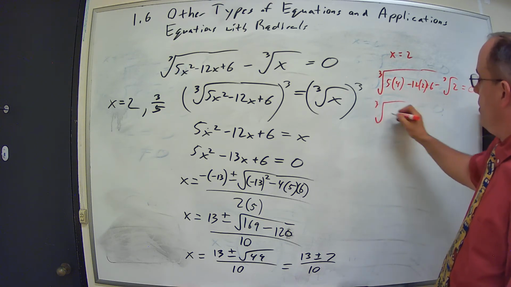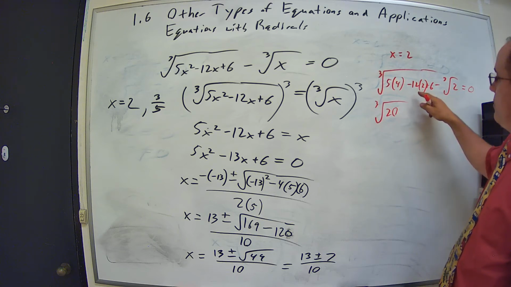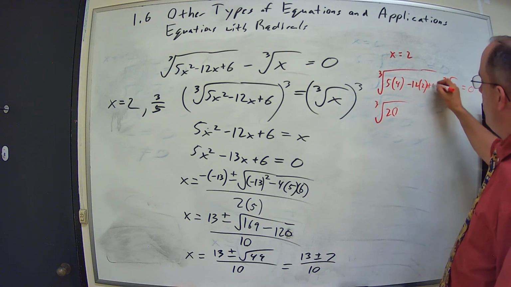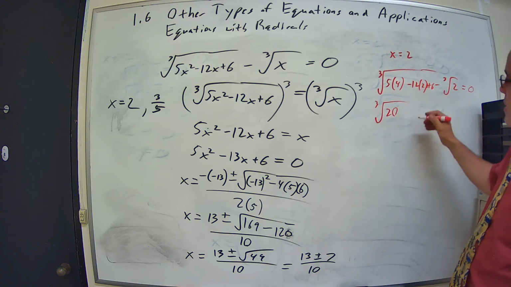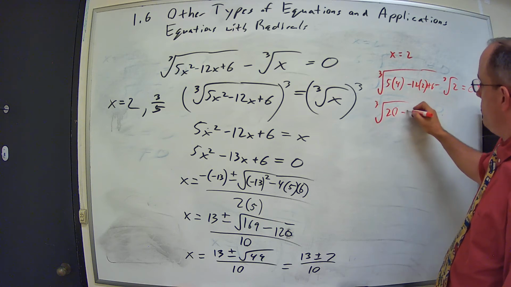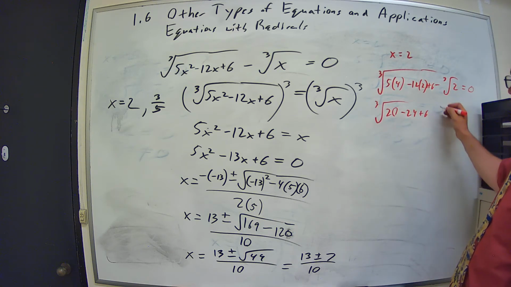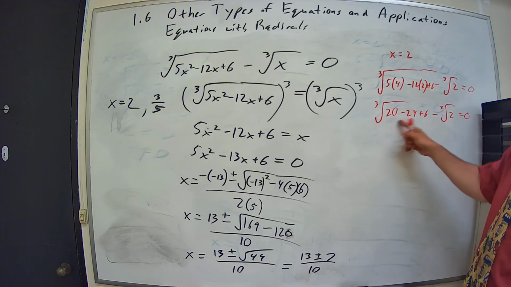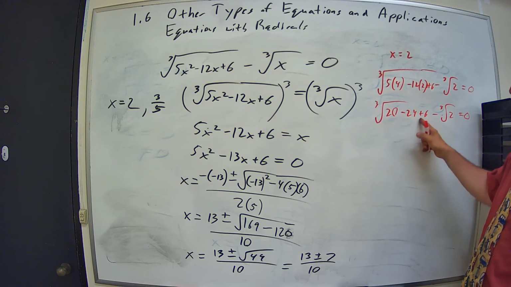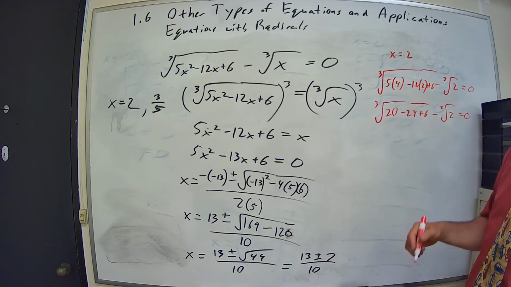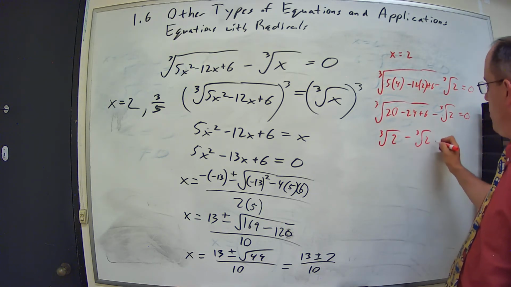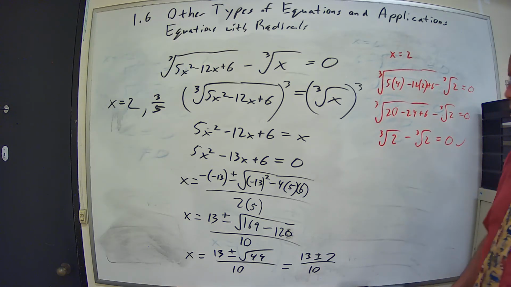The cubed root of 20 minus 24 plus 6 minus the cubed root of 2 is equal to 0. 20 minus 24 is negative 4, plus 6 is 2. So we have the cubed root of 2 minus the cubed root of 2 is equal to 0. Yeah, taking something and subtracting it by itself, it sure is.